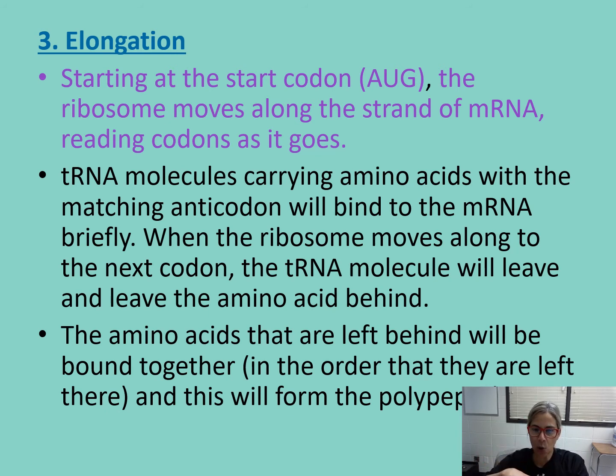We have that starter codon, the methionine, the AUG, and the reading of the mRNA strand begins. Elongation means that the ribosome and the tRNA are working to bring the appropriate amino acids to make that polypeptide chain longer, right? So that's the elongation part, and forming that polypeptide.